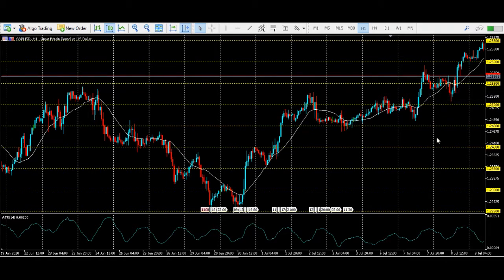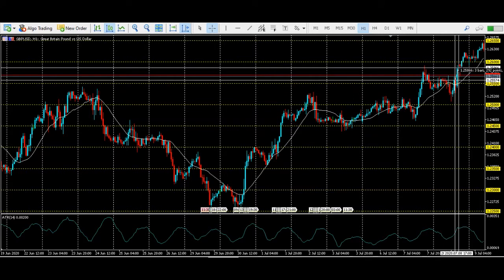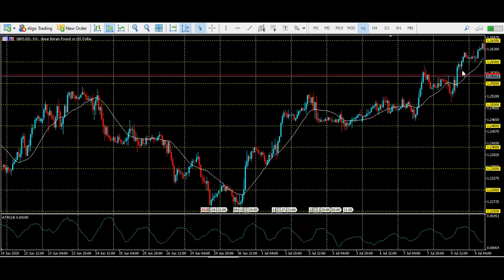This one is going to be a little bit tricky because, can you see, we now have a valid buy signal here. I'll have my stop loss here. I'll aim for 25 pips. We got 25 pips right there.